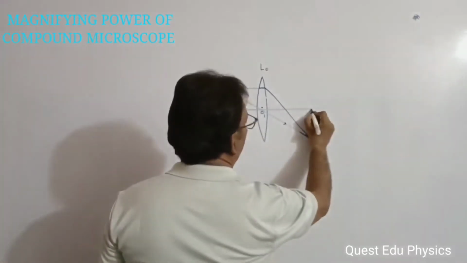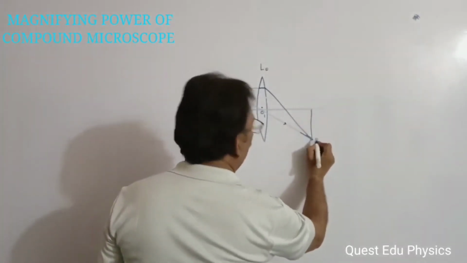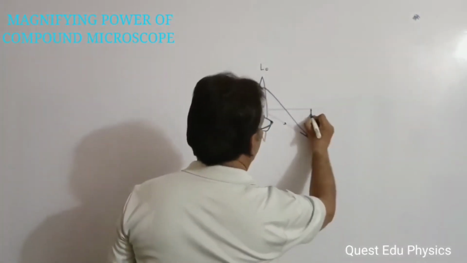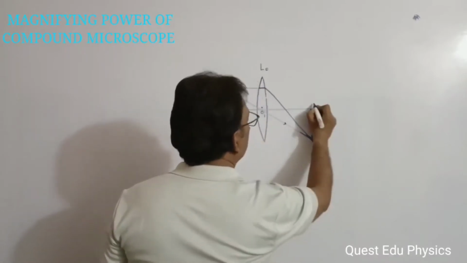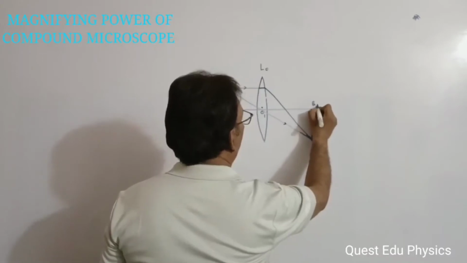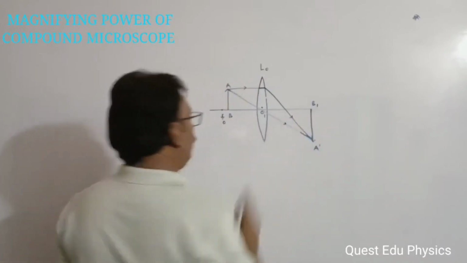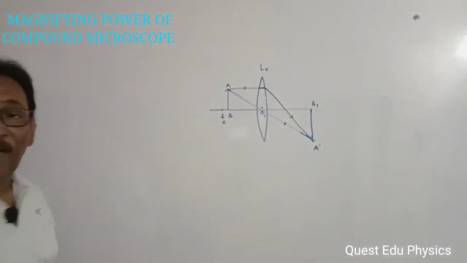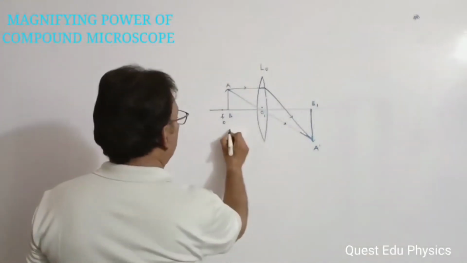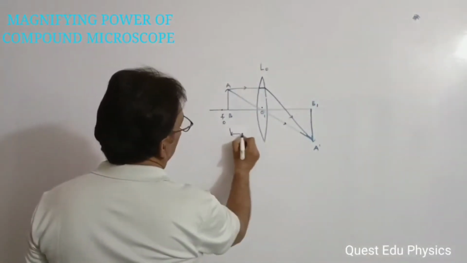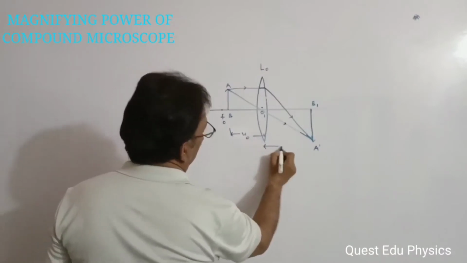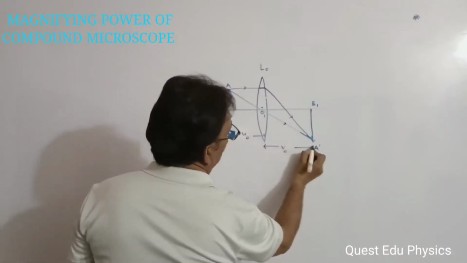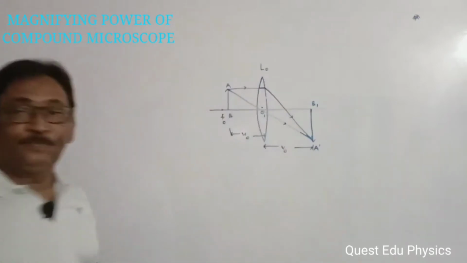Let's say this is the image which is formed. Here, I'm naming it A1, B1, students. And here, it is the object distance, UO, and it is the image distance for the objective.